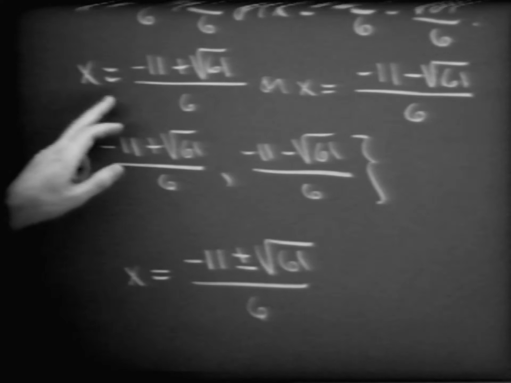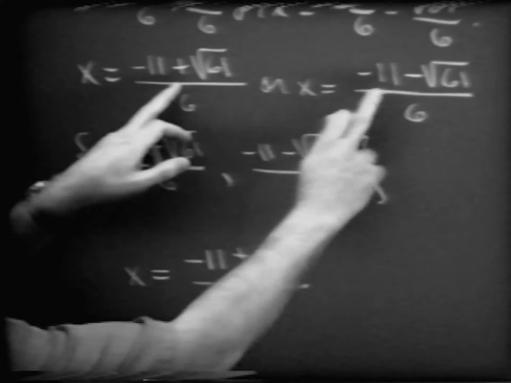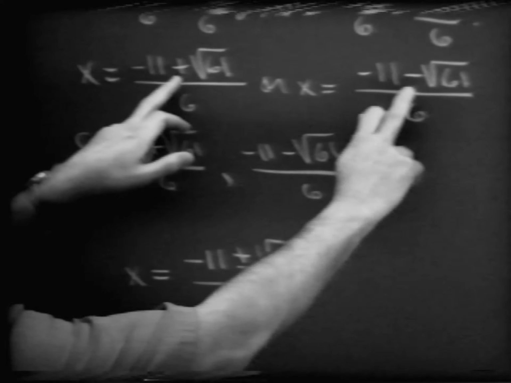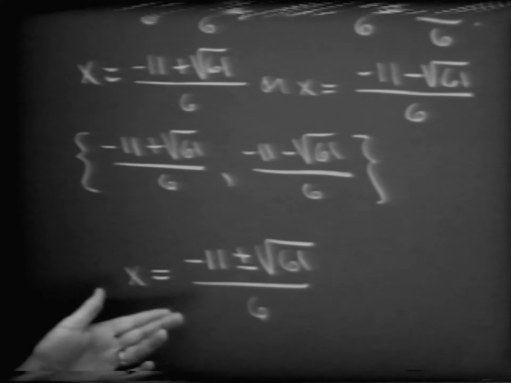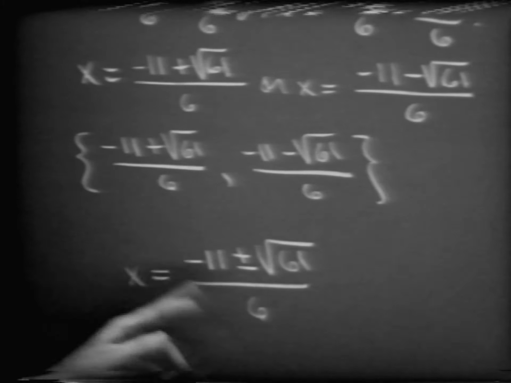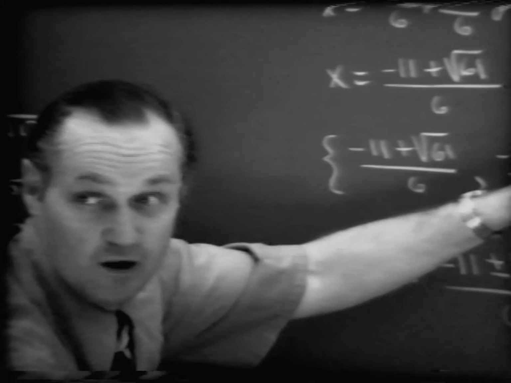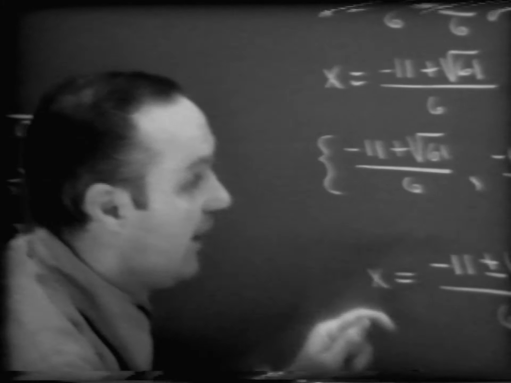In which x is equal to this, or x is equal to this, is then compressed into one, in which the plus and the minus, notice that's the only difference, is then combined into the one symbol. But when you get into the habit of writing this, you want to always appreciate the fact that you have two sentences there, and therefore you have two elements in your solution set, okay? And of course we may do the same thing here in our general case.